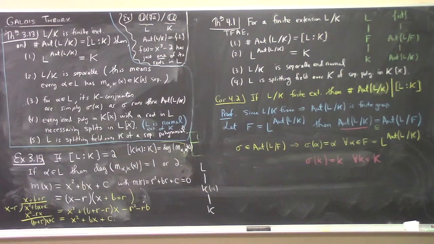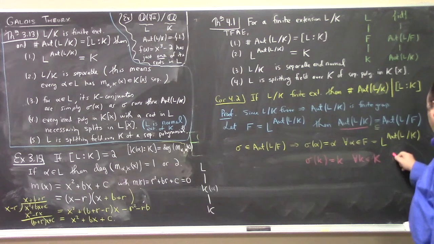Certainly it's an isomorphism from L to L, that's already given. Do I get what's in red from what's in yellow? You do, because if we go back to the definition, it's a consequence that Aut of L over K is contained in the automorphisms of L over F. If I'm reading this right, because we've already said containment one way.